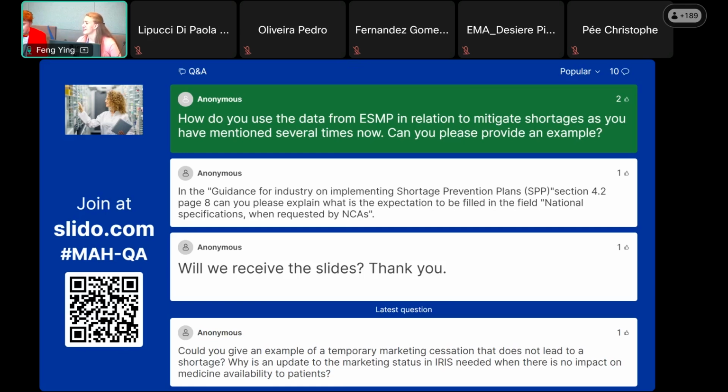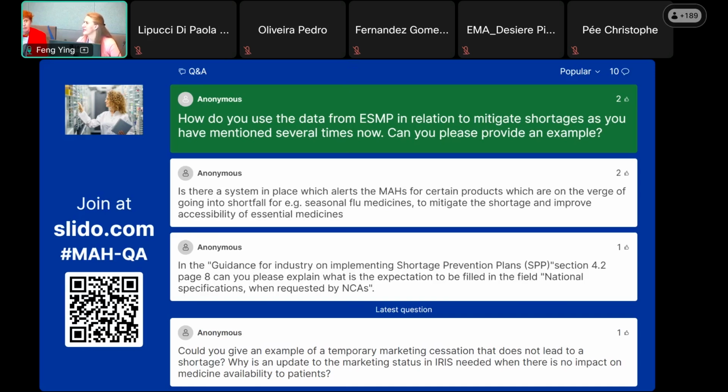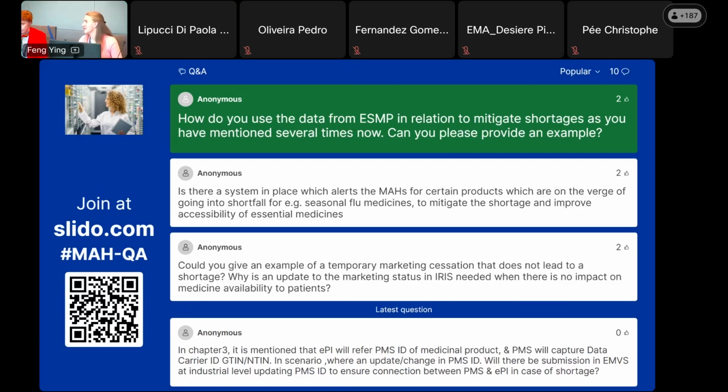We can also involve the MSSG, and then there are several regulatory flexibilities that can apply. For example, there's a whole MSSG toolkit which we can leverage on. So each shortage is specific and needs specific measures as such. So there's no ultimate example to cover all scenarios here also.